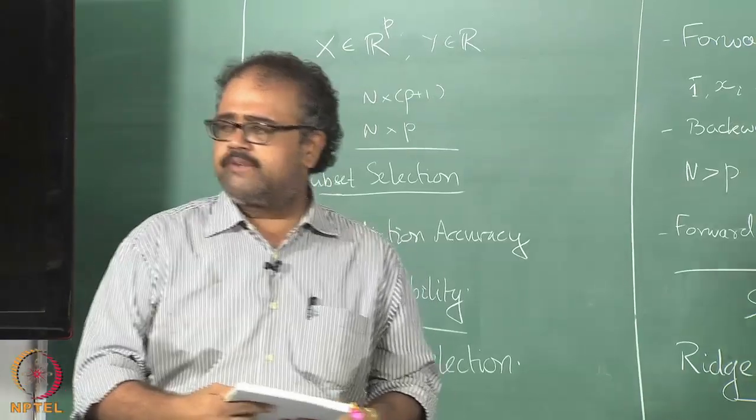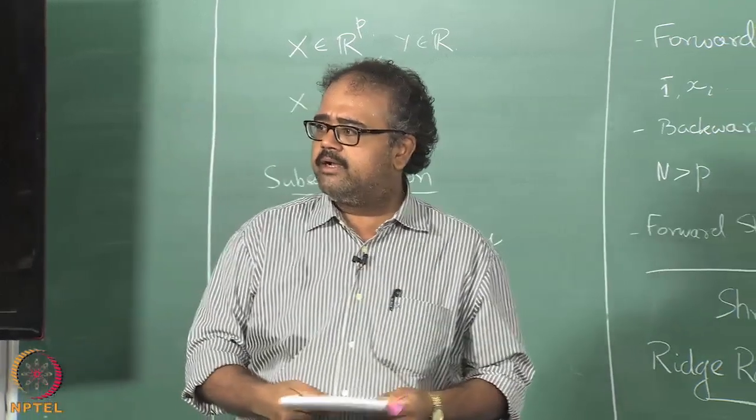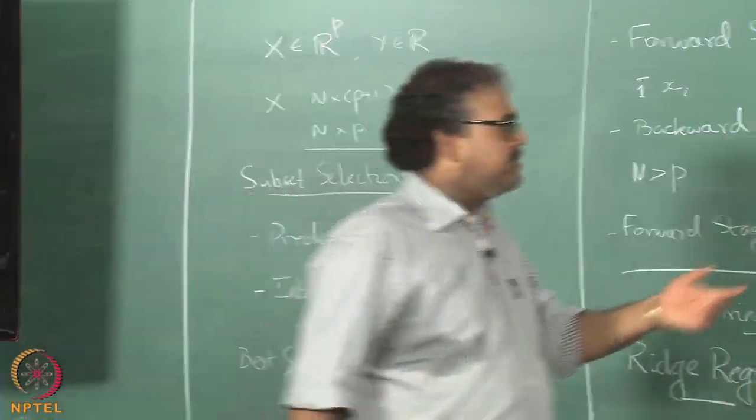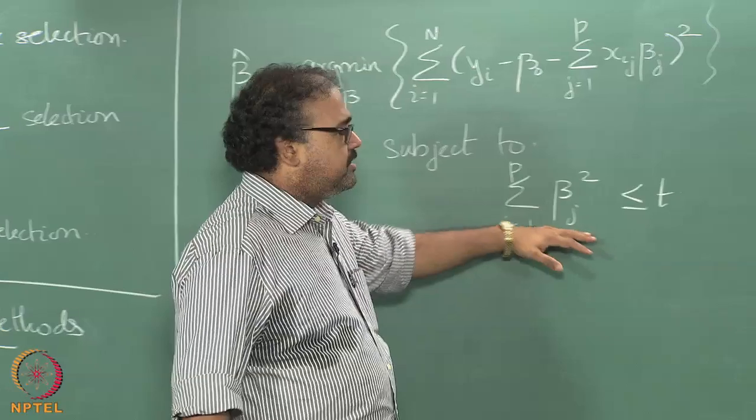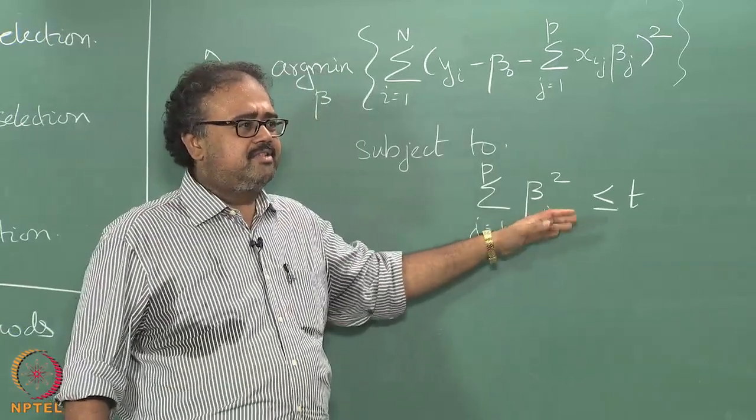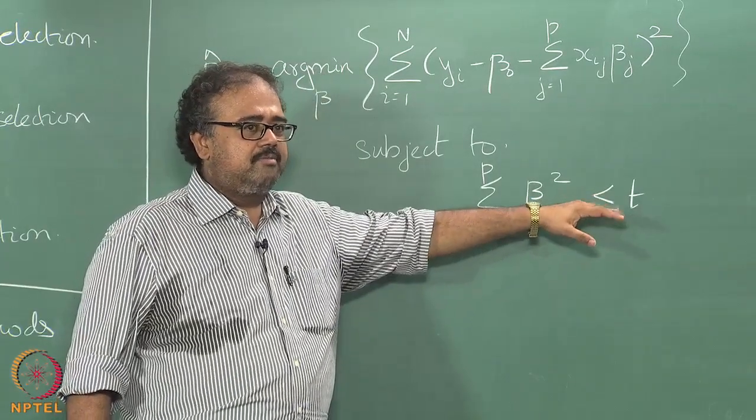Okay, fairly straightforward. I have added a squared norm constraint. Think about it, this is the L2 norm of my beta.